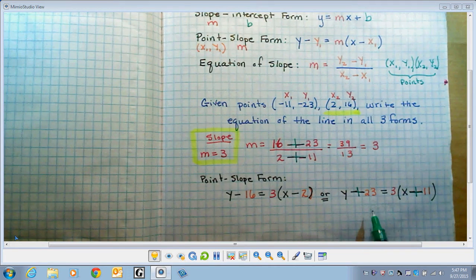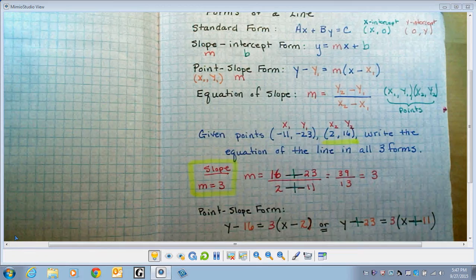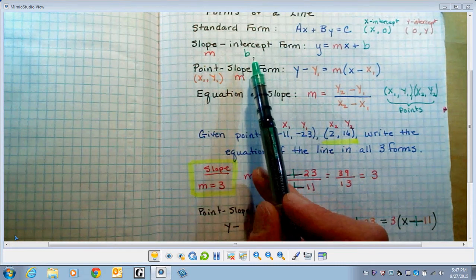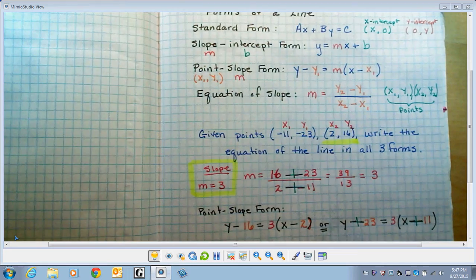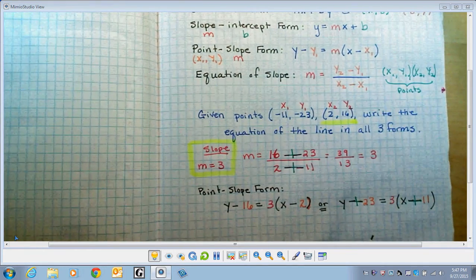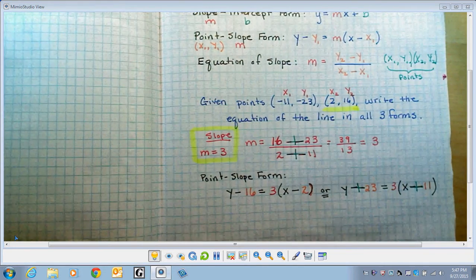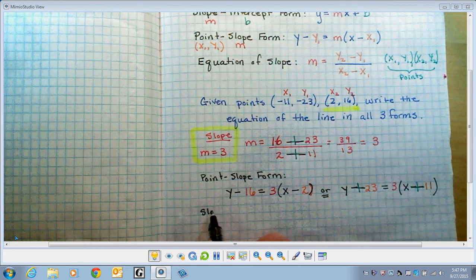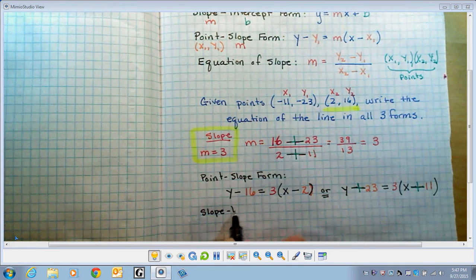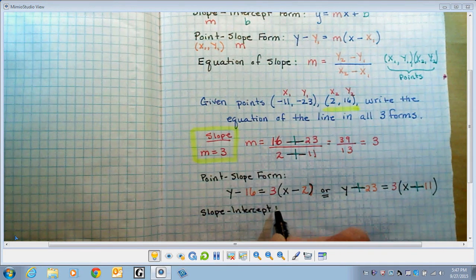So then the next thing we need to do is we need to either put it in standard form or we need to put it into slope-intercept form. So just looking at this, it's probably easier to put it into slope-intercept form. So let's write slope-intercept form.